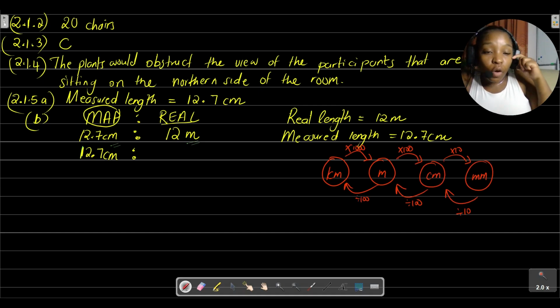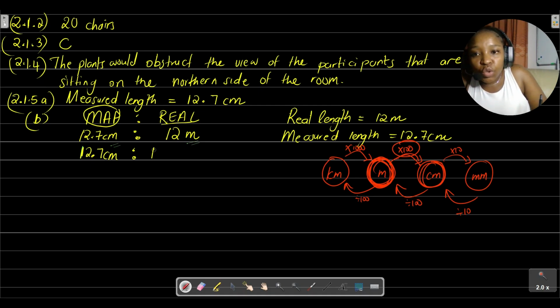If I want to move from meters to centimeters, I need to multiply by 100. So I'm going to take that 12 meters multiplied by 100. What do I get? Whatever value I get will be in centimeters.